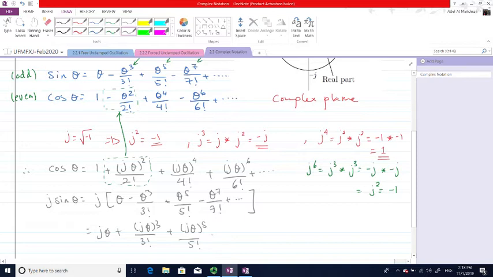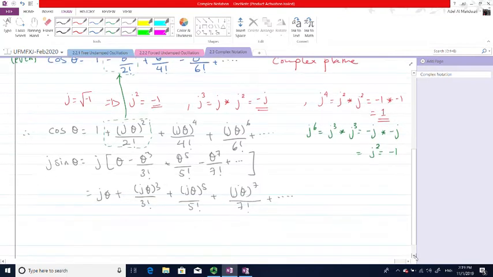Then we will have another positive thing, which is j theta to the power 7. What does it mean? j to the power 4 multiplied by j to the power 3, so that's minus j. Minus j multiplied by minus, you get positive j theta over 7 factorial, and so on.